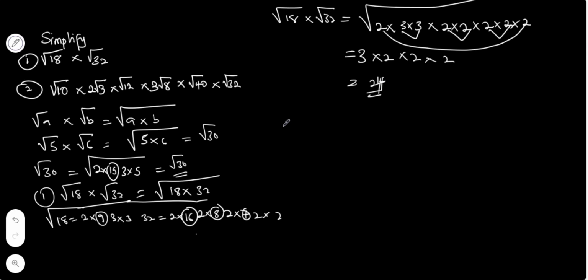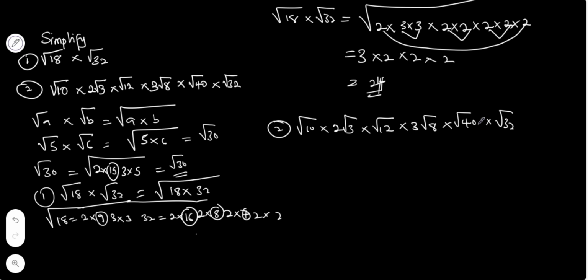Now, for number 2, we have root 10 times 2 root 3 times root 12 times 3 root 8, then times root 40 times root 32. Now, you see, the numbers outside the root are already the square root of a number.